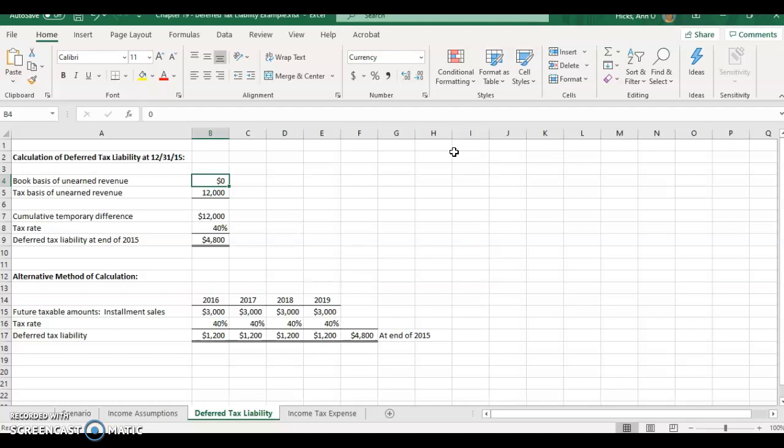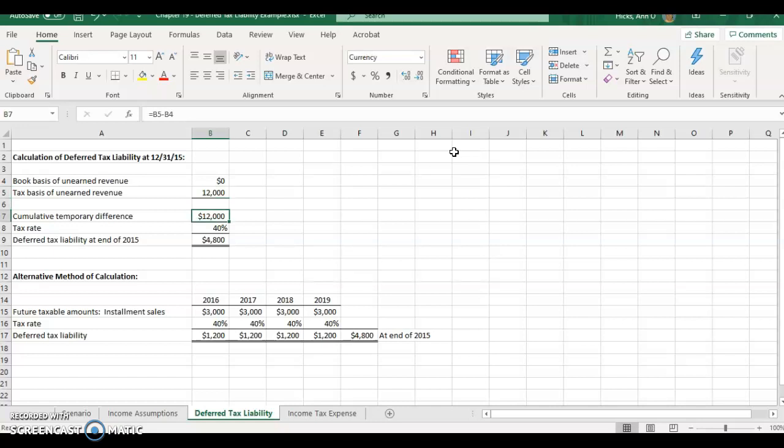On the other hand, the tax basis of unearned revenue is $12,000 because we only recognized in 2015 the first installment payment in taxable income, which means there's still 4 installment payments of $3,000 each that have not been recognized for tax purposes.